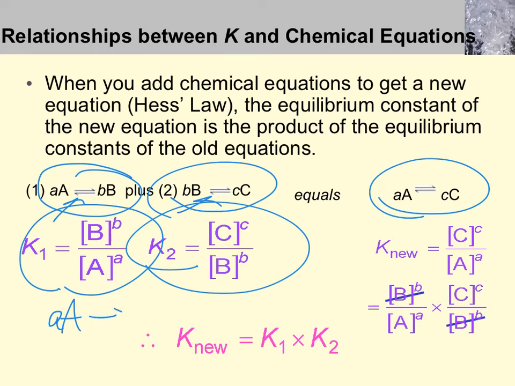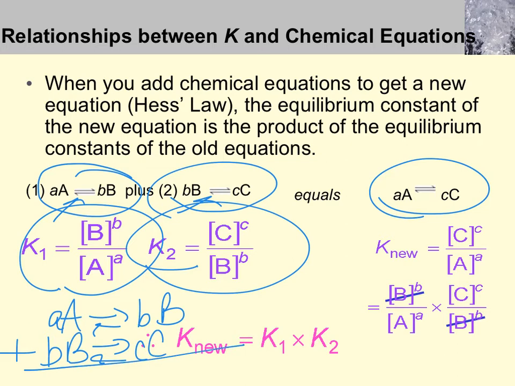If you have A goes to B, and you add to that the reaction B goes to C, your B's are going to cancel out and you're going to end up with this.